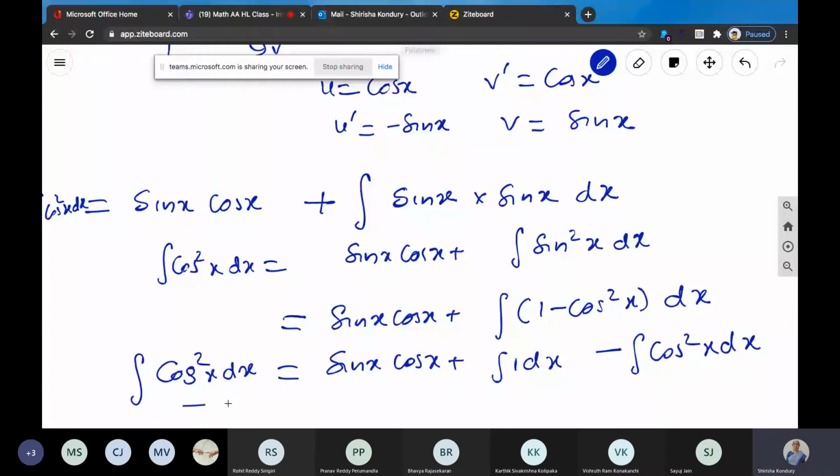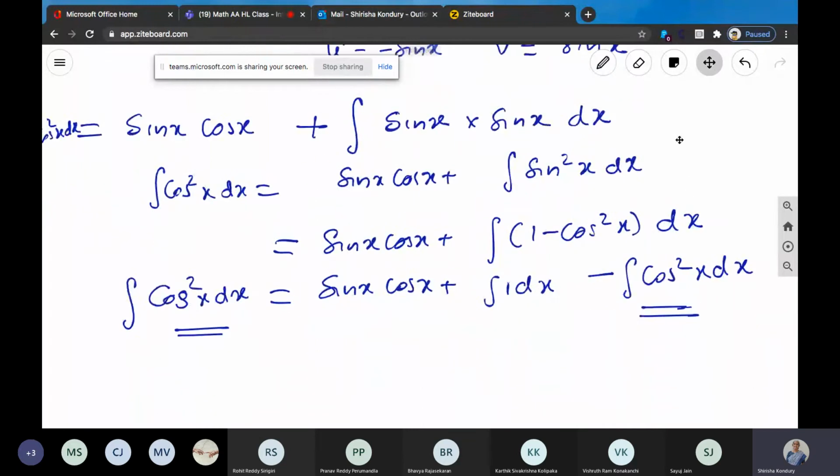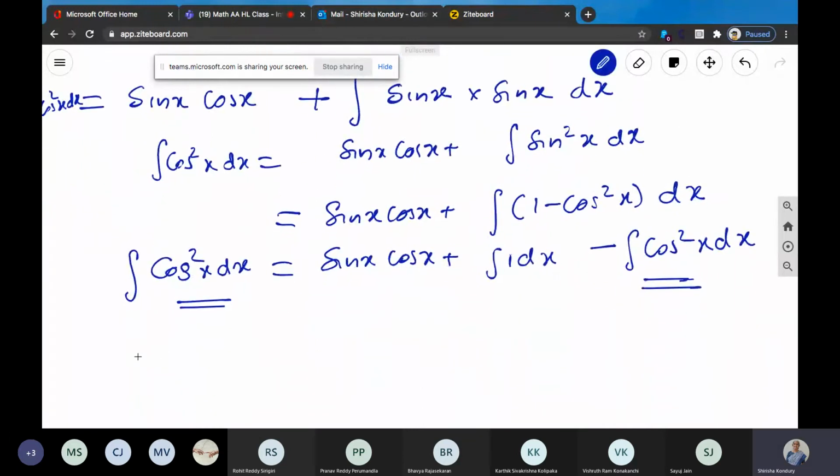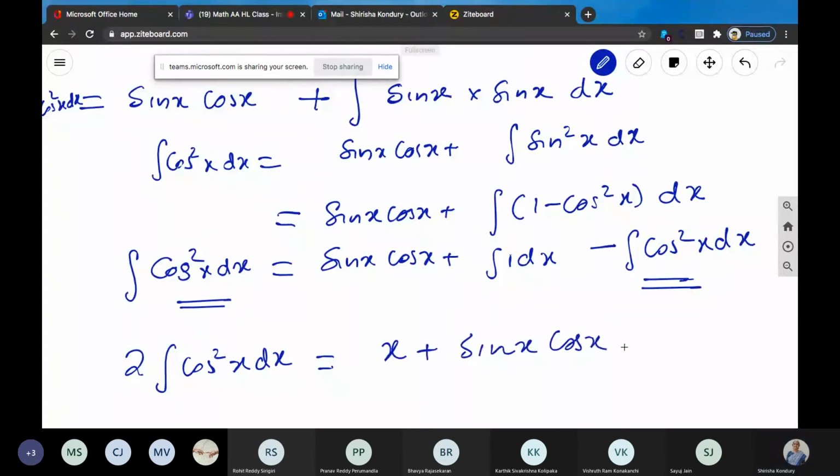Oh, I have the same term, so I can collect those two terms together. So I can write this as 2 integral cos square x dx is equal to integral of 1 dx, which is x plus sin x cos x plus c.